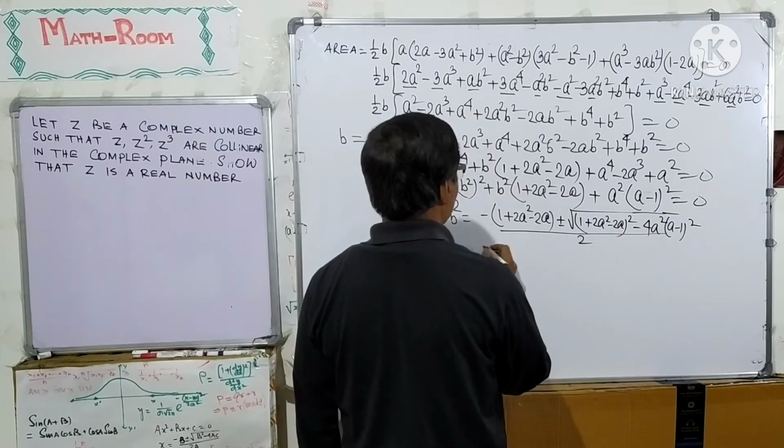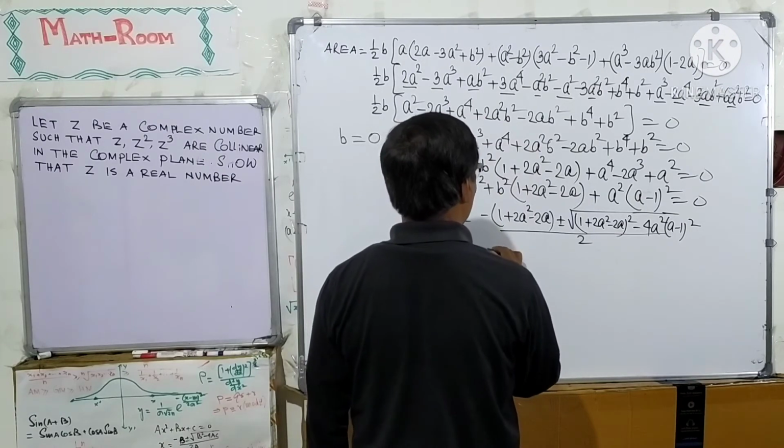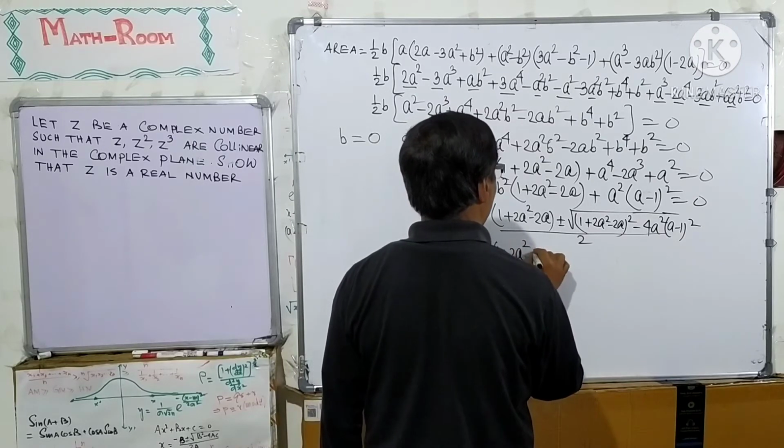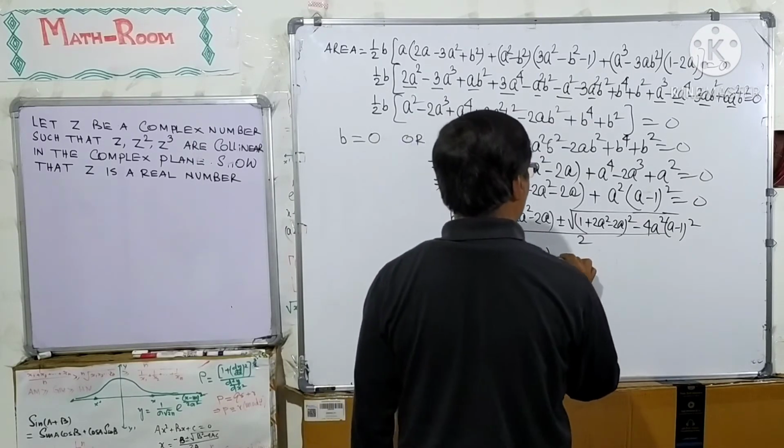This is equal to minus 1 plus 2a square minus 2a plus minus.